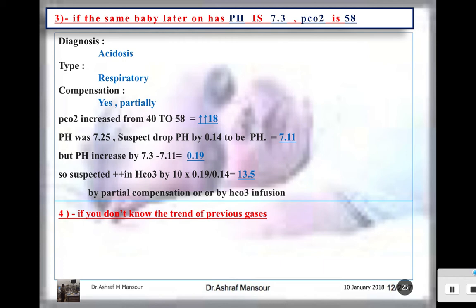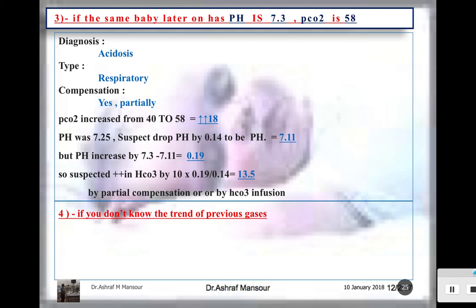If we don't know the previous ABG, and we consider that this is the only blood gas we have, with a pH of 7.3 and PCO2 of 58, and there is no bicarb level mentioned, what is the definition of that acidosis? We will consider this respiratory acidosis.